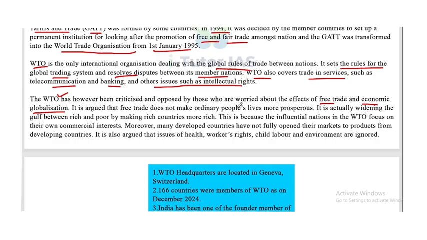It's actually widening the gulf between rich and poor by making rich countries more rich. This is because the influential nations in the WTO focus on their own commercial interest. Moreover, many developed countries have not fully opened their markets to produce from developing countries. It's also argued that issues of health, workers' rights, child labor, and environment are ignored.